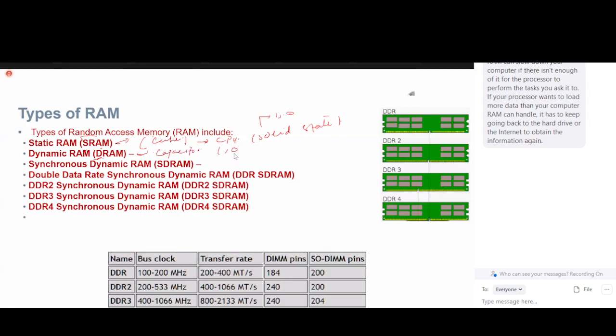But a capacitor may discharge a little bit as time is running. So sometimes the CPU needs to refresh the memory by rewriting the information. It has a refresh cycle. It's like when you say, hey, I need to refresh some contents I have studied, right?